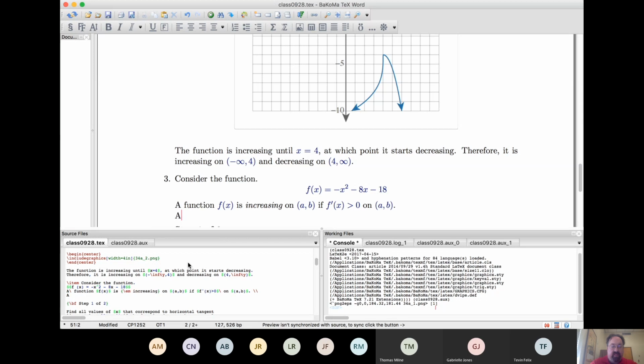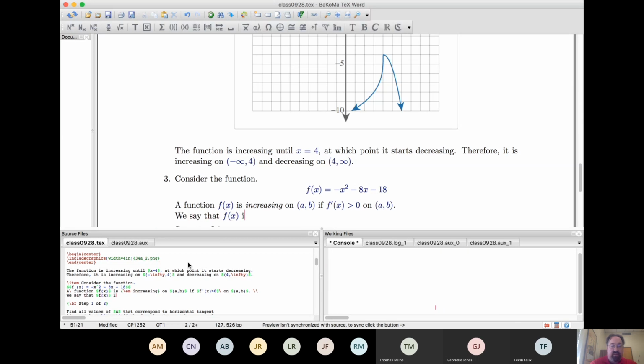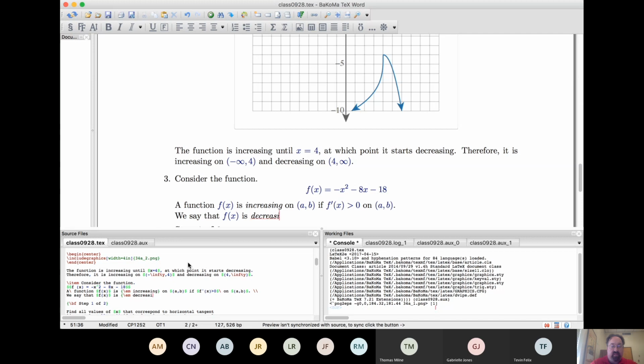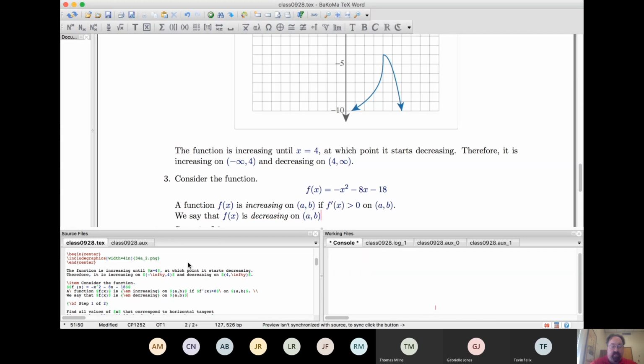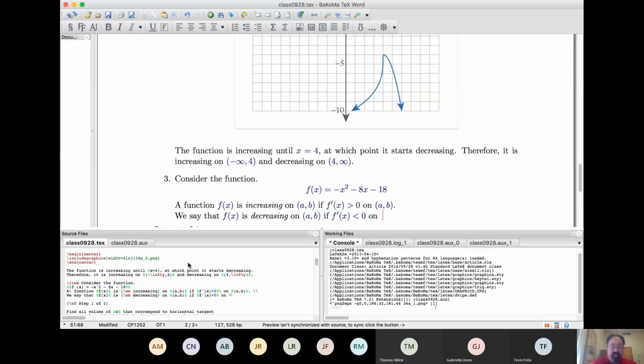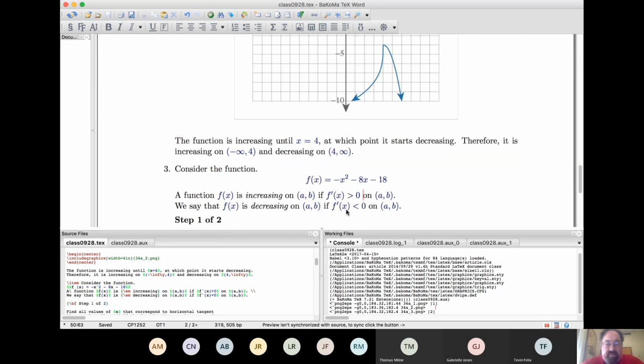Similarly, a function is decreasing on some interval if the derivative is negative. So positive derivative is increasing, negative derivative is decreasing. When f prime is equal to 0, that's when it might, I say might, change from one to the other.